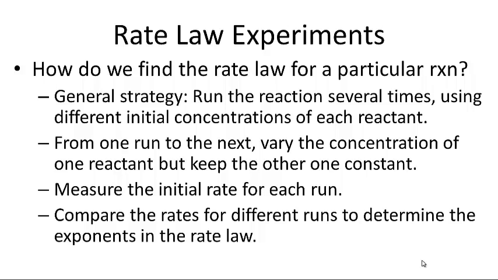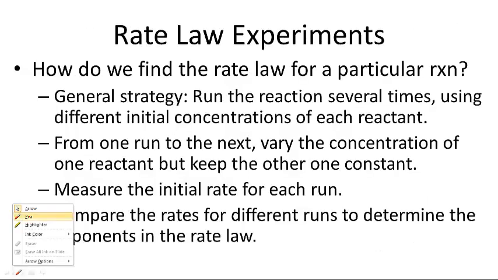Generally, you run the reaction several times using different initial concentrations of each reactant. From run to run, you vary the concentration of one but keep the other constant. Then you measure the initial rate and compare the rates for the different runs to determine the exponents in the rate law.